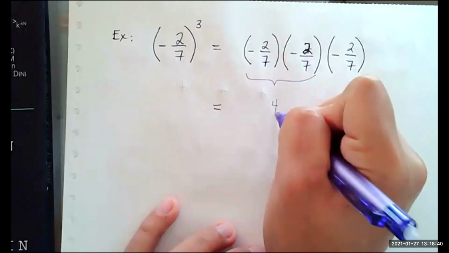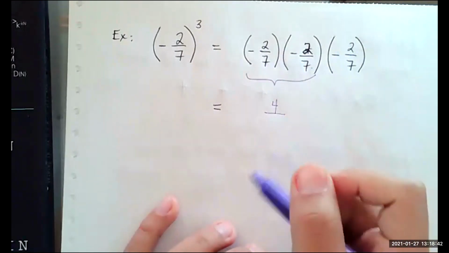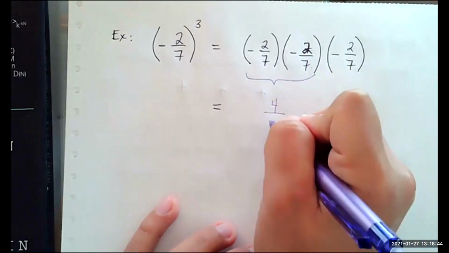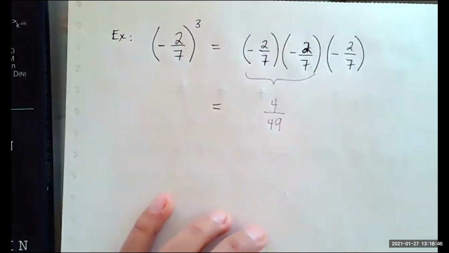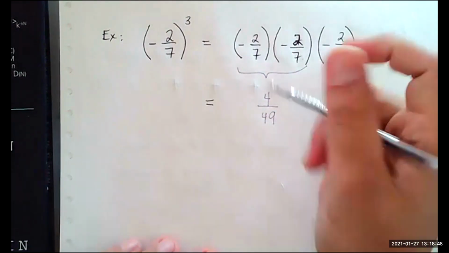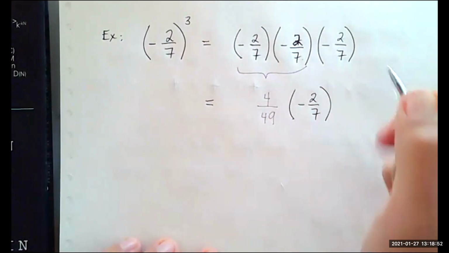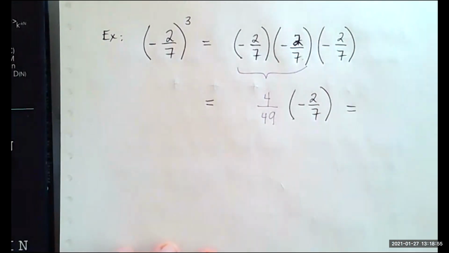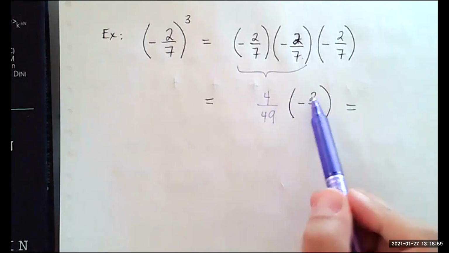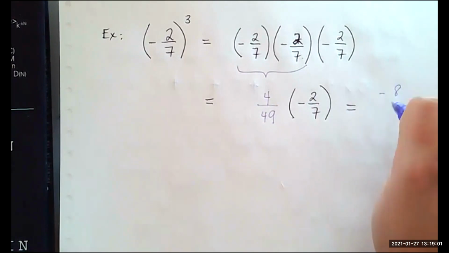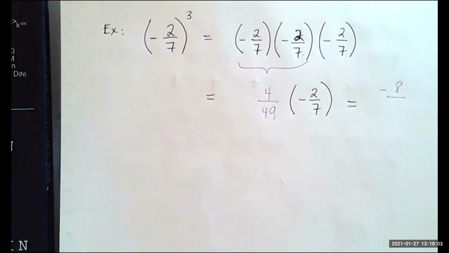So I'm going to have positive 4 over 7 times 7 is 49. And then I'm multiplying that positive times this remaining negative. And I should be getting positive times a negative, which should be negative 8 over 49 times 7, which is going to be a large number.